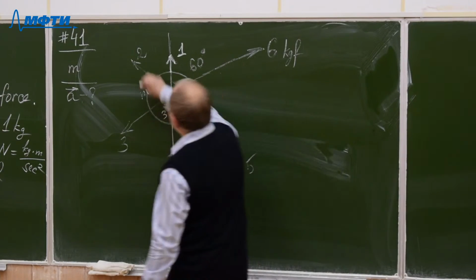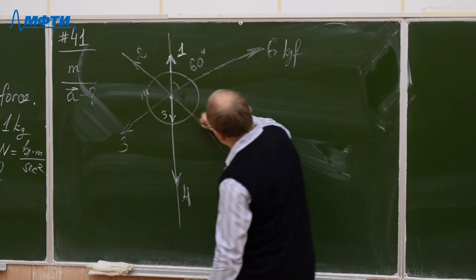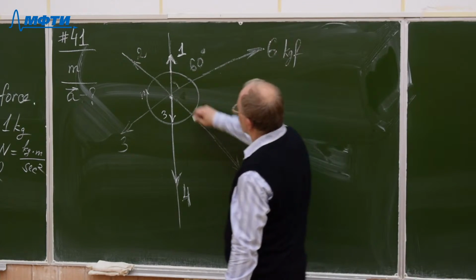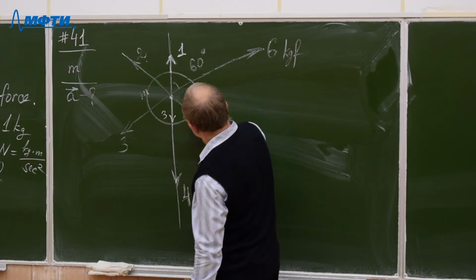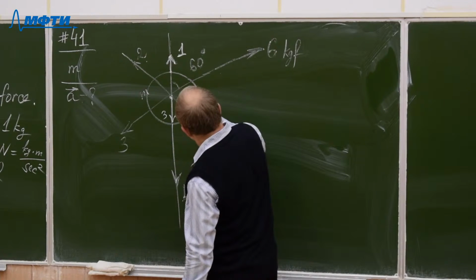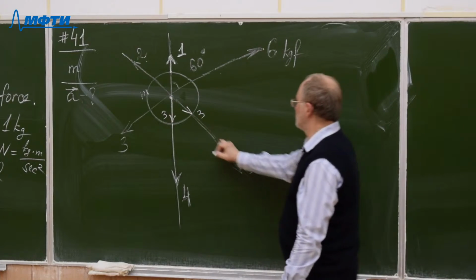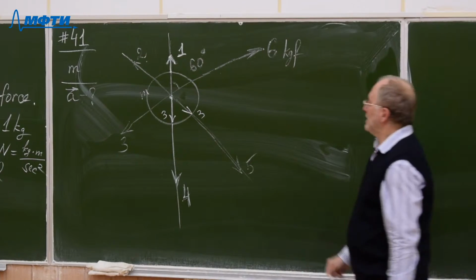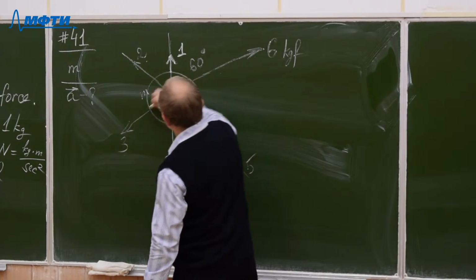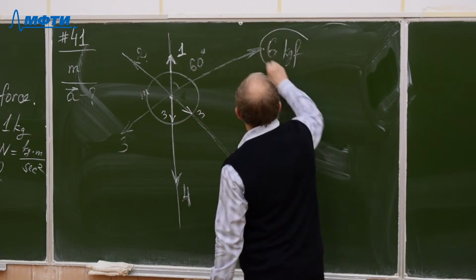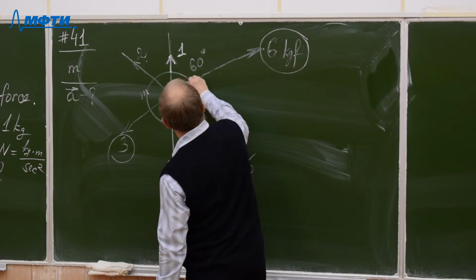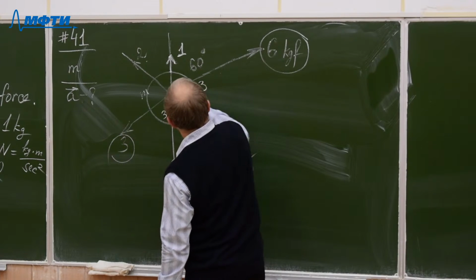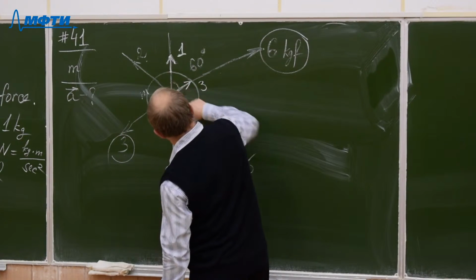The same consideration for another direction will give us 5 minus 2, another force equal to 3 directed along this line. And for the last line, 6 kilogram forces minus 3 will give us another force again equal to 3 kilogram forces.